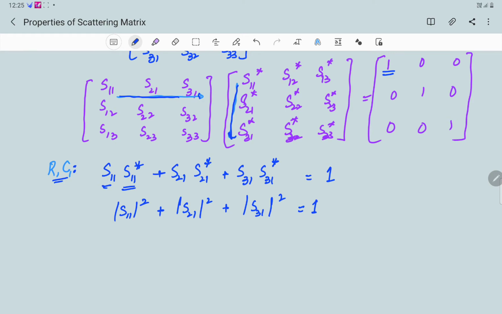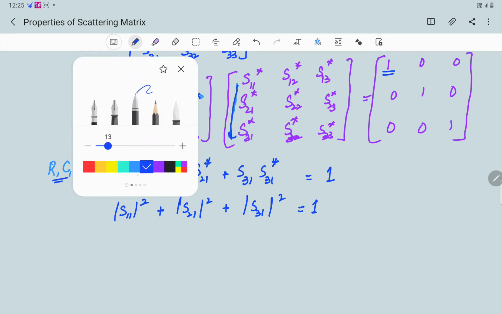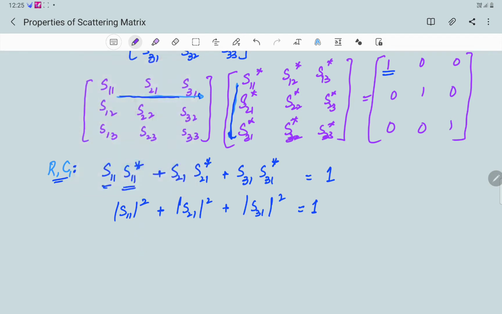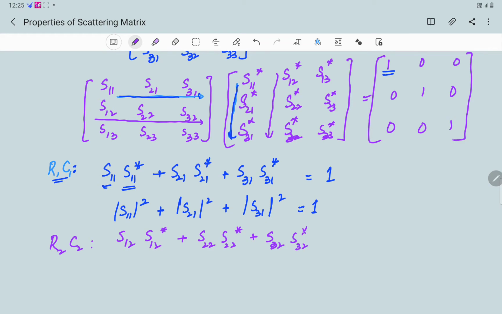Likewise, if I multiply row 2 with column 2, I'll get S12 S12 star plus S22 S22 star plus S32 S32 star.